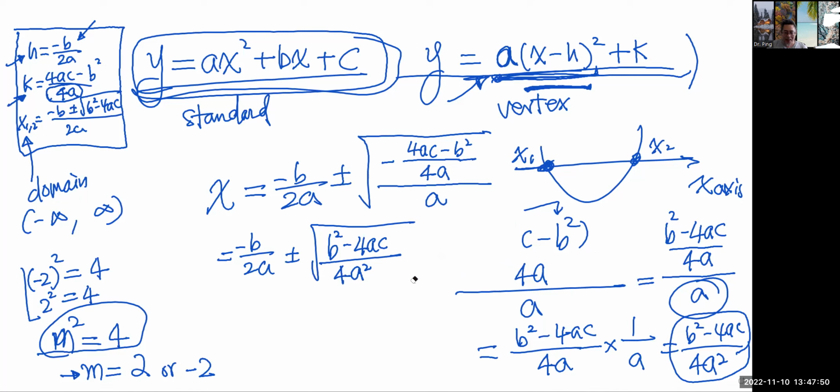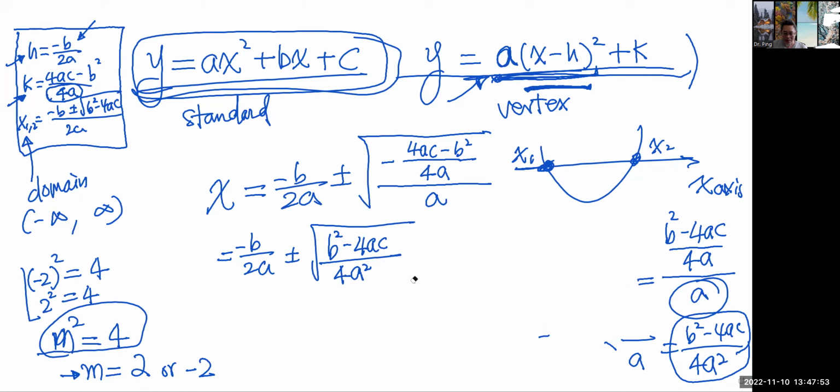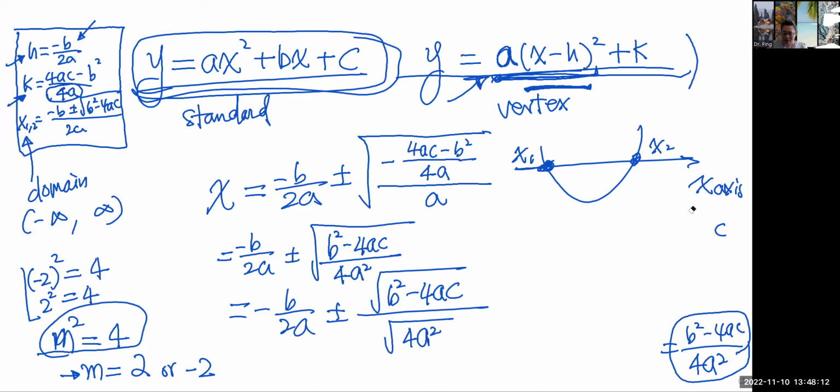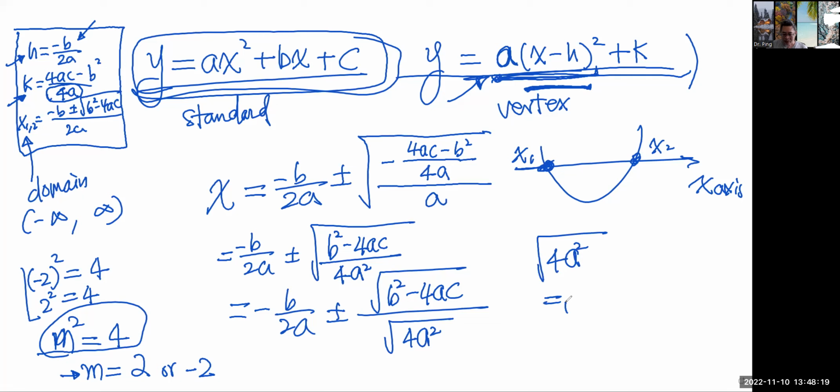With that, we can rewrite as negative b over 2a plus or minus, with the square root of b squared minus 4ac on top and on the bottom the square root of 4a squared. Now, what's the square root of 4a squared? We can rewrite 4a squared as the square root of 4 times the square root of a squared. Now, the square root of 4 is 2.